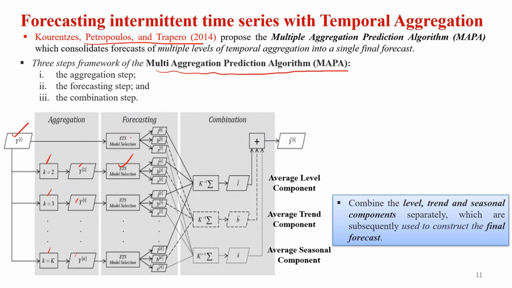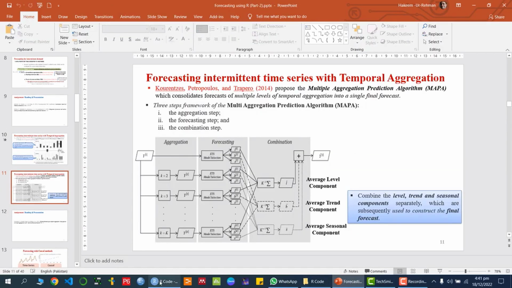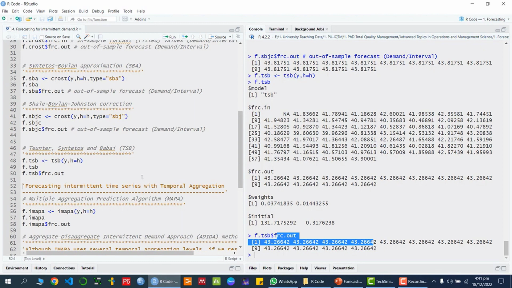They forecast the level component, trend component, and seasonal component at every level. Then we take the average of the level components, similarly the average of the trend components, and the average of the seasonal components. If we sum these components, we get the future forecasted value with the help of this multiple aggregation prediction algorithm. So let me apply these methods in R.